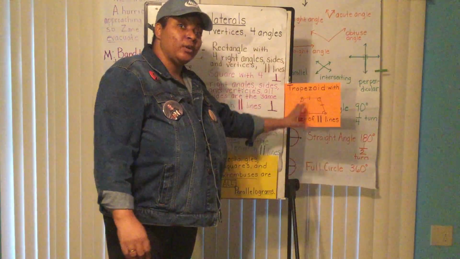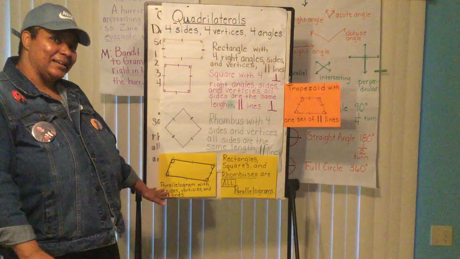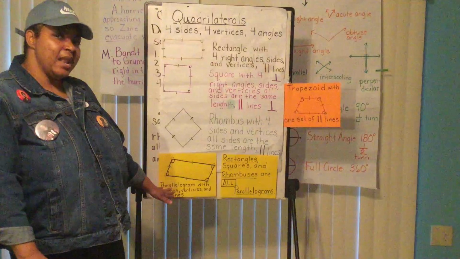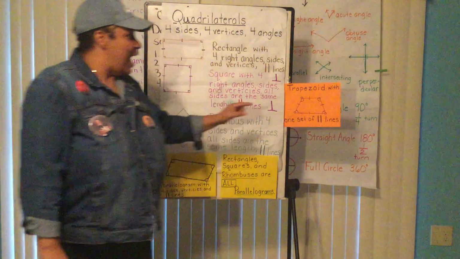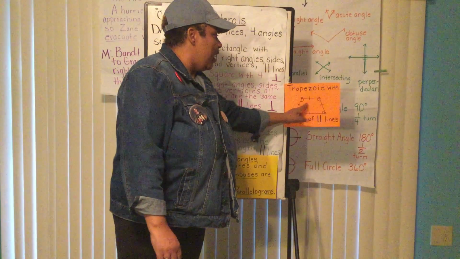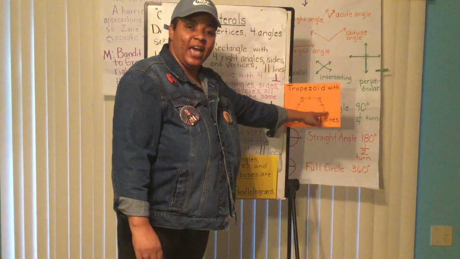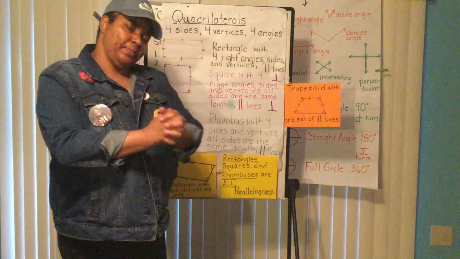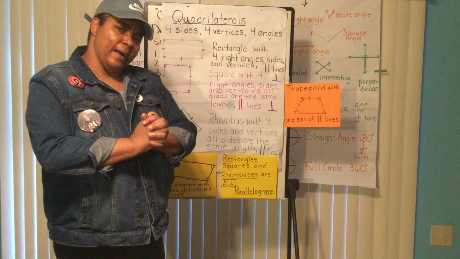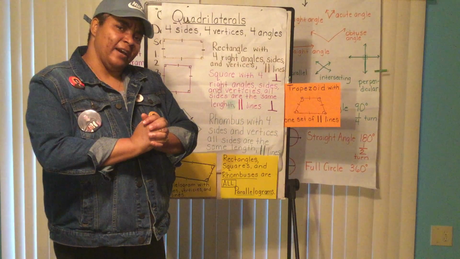We know it's a quadrilateral, but not a parallelogram. Not a parallelogram. So hold on. I see one set of parallel lines. I wonder why I wouldn't consider the top and the bottom to be parallel lines. I wonder why. Think about parallel.